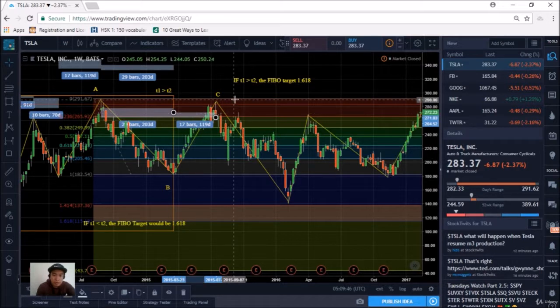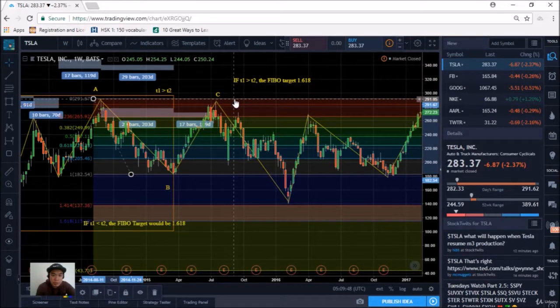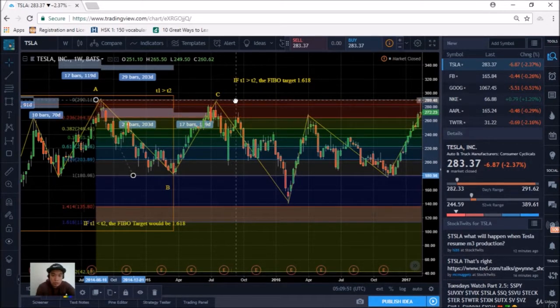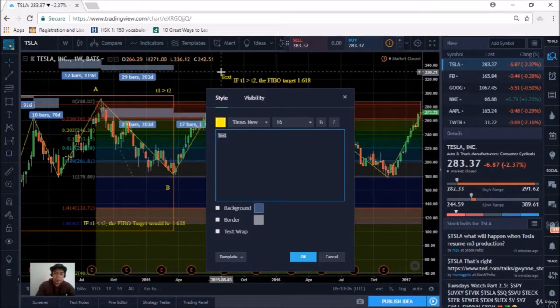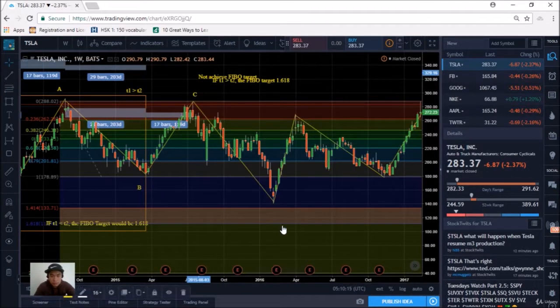We have to drag this Fibonacci to the new C line, from A to C. Now we can see that the target 1.618 is far beyond, it has not achieved its target. This is now, you have to remember, not achieved Fibo target.